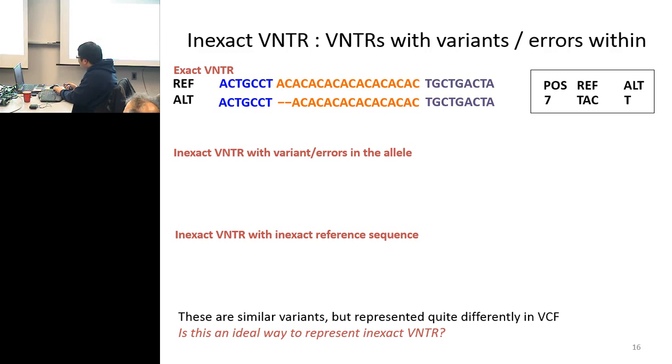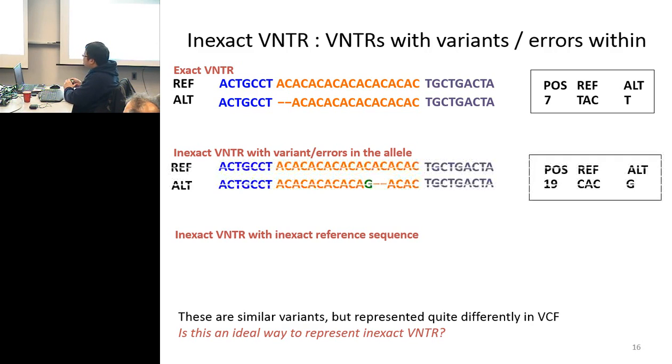An inexact tandem repeat will be the case where, let's say, the alternate sequence has a different base here. This might be due to sequencing error, or it can be a real mutation of some sort.